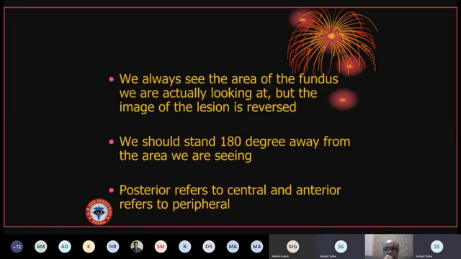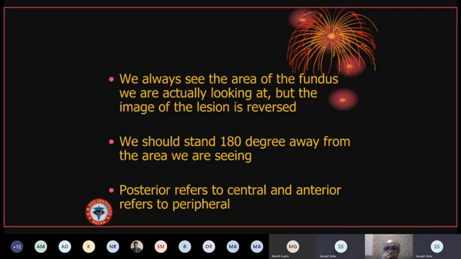Now, this is a very important point that you have to note. We always see the area of the fundus we are actually looking at, but the image of the lesion is reversed. For example, if you are seeing the right eye and you're looking at the superior temporal quadrant, somewhere between 10 to 12 o'clock, and you see a lesion there, the lesion is actually in the superior temporal quadrant. PGs have a doubt.